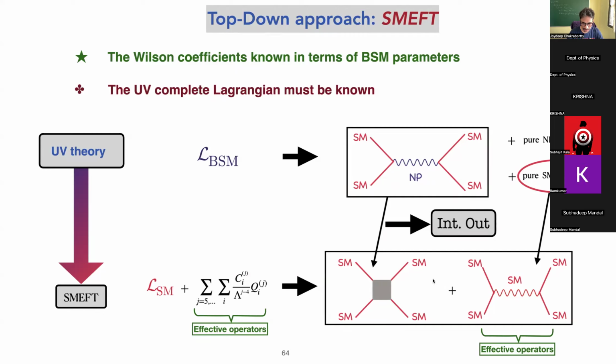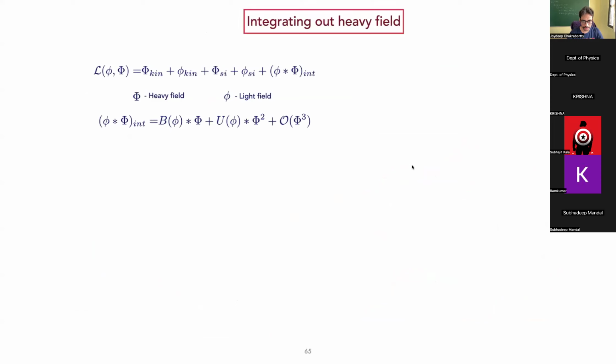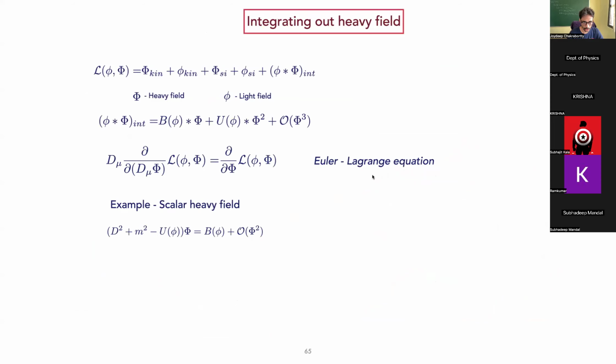But let me recollect again that here the Wilson coefficients are basically functions of your BSM parameters, and the cutoff scale is associated with the mass of the heavy fields that you are integrating out. Then we briefly discussed that if you start with a UV Lagrangian, our primary focus will be only on that part where the heavy field is involved. For example, here capital Phi is the UV field, and they have a self-interaction, and then the mutual interaction part is this one, right?